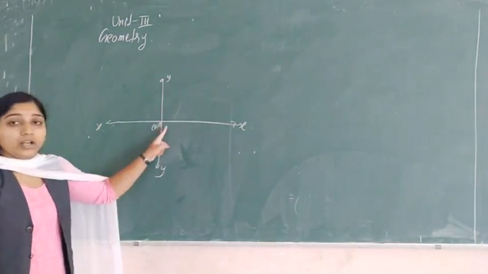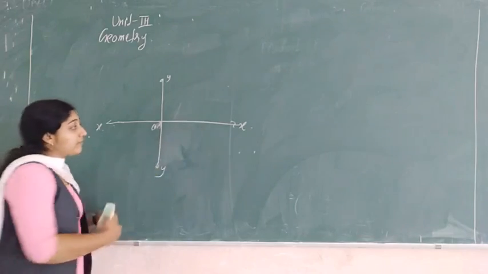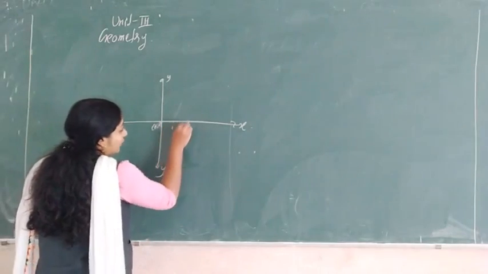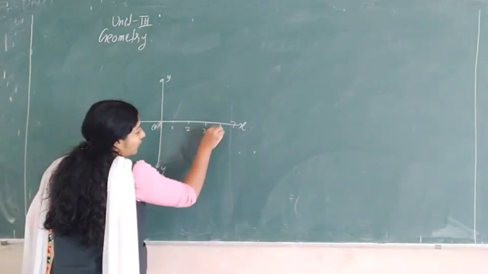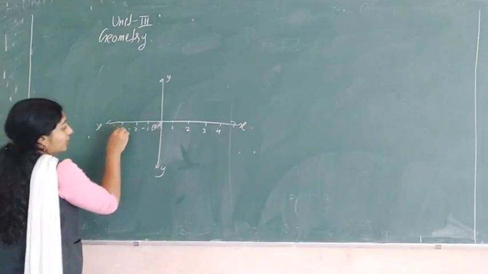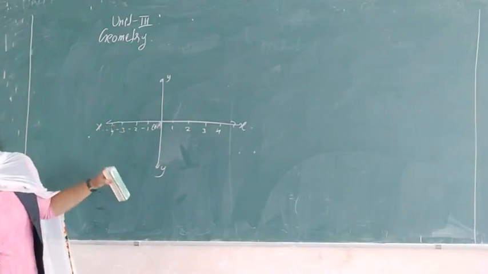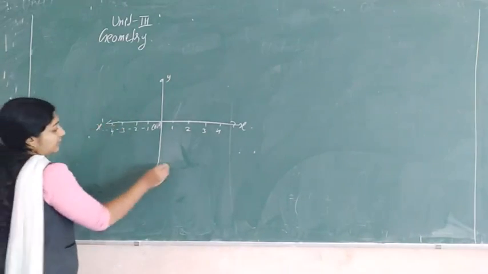The center point. Now on this side we will get all positive integers 1, 2, 3, 4 and so on. On this side we will get all negative integers: minus 1, minus 2, minus 3, minus 4 and so on. Similarly, this is x dash, this is y dash.